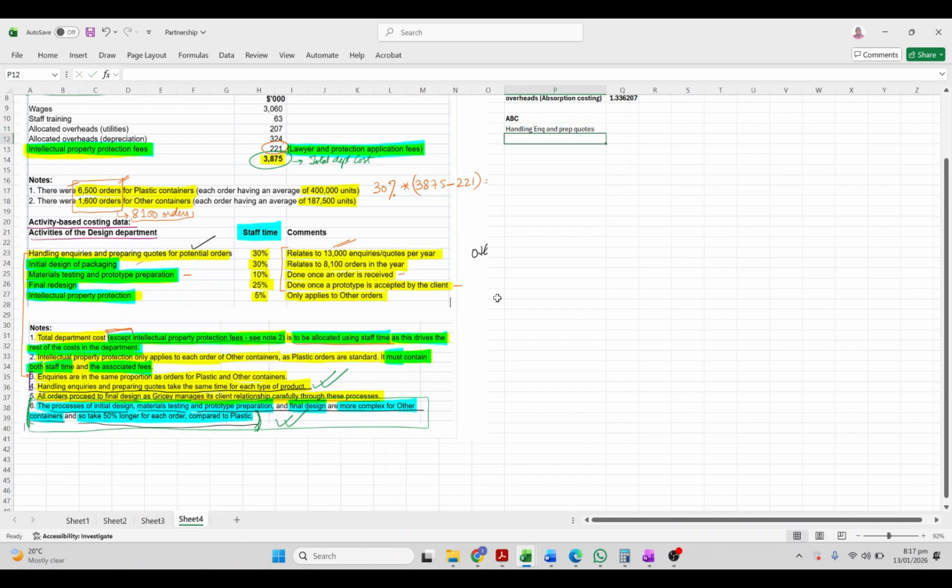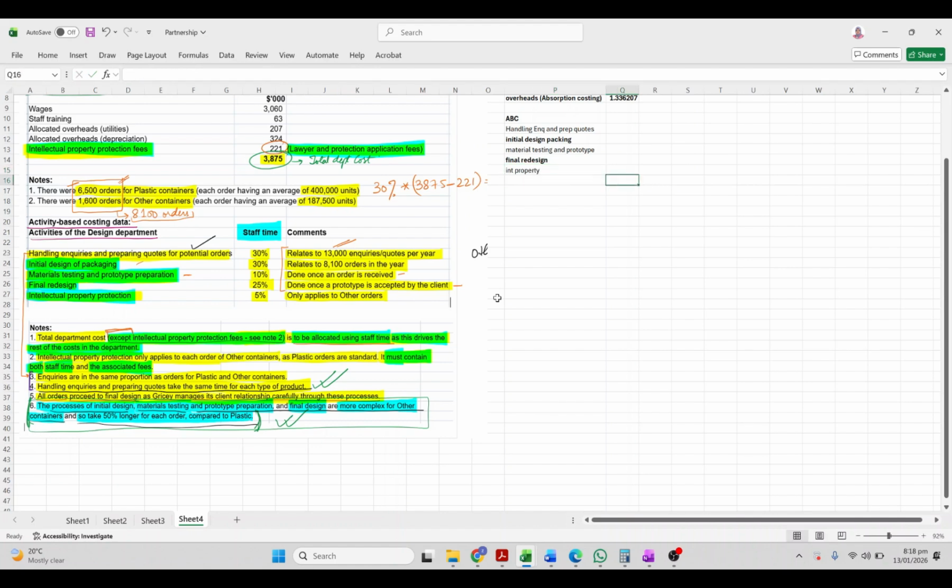The other one is initial design of packing. The third one is material testing and prototype. The next one is final redesign. And the last one is intellectual property.